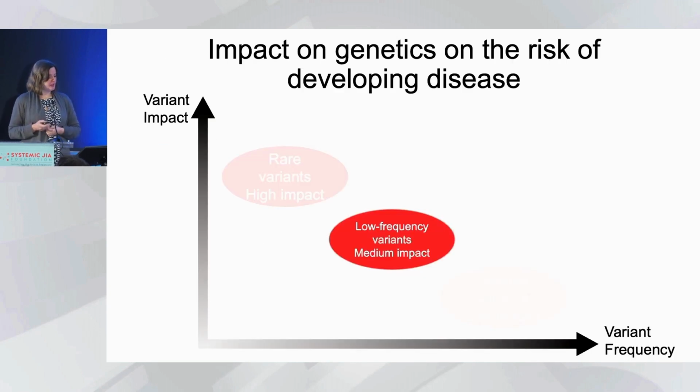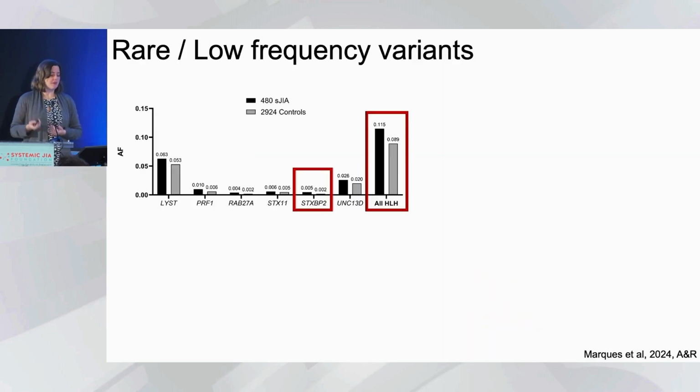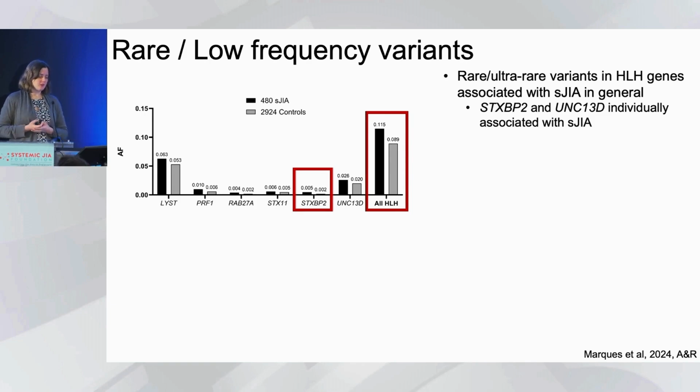So now, looking at low-frequency variants with medium impact, now talking about the work that we did. We had a large cohort of patients with systemic JIA with and without MAS, and we were looking for variants in HLH genes compared to healthy controls. And we did find a significant association with HLH genes, especially STXBP2 and UNC13D, with SJIA in general.